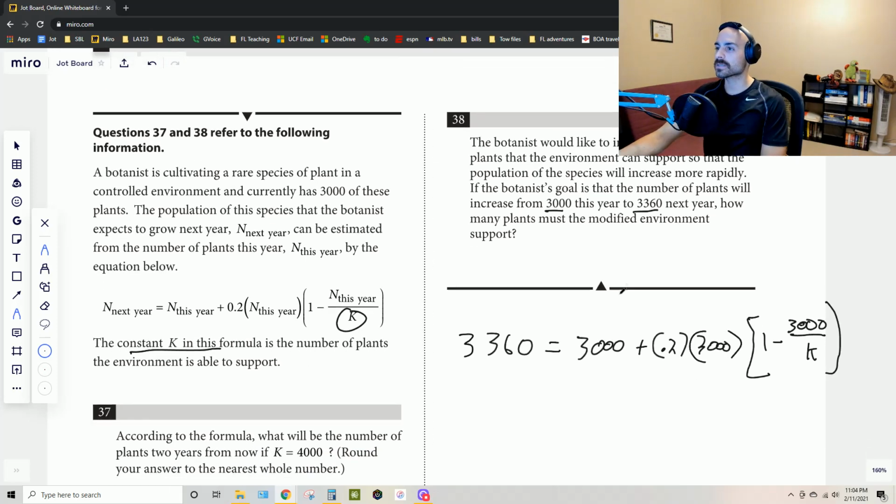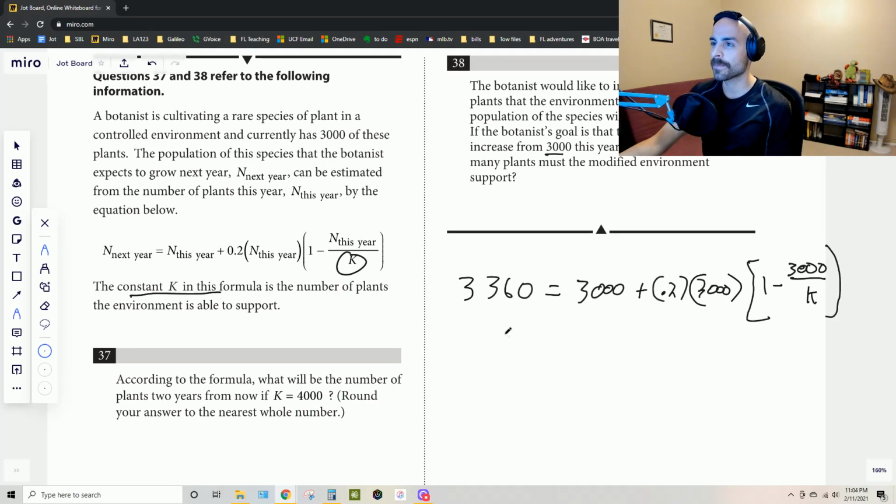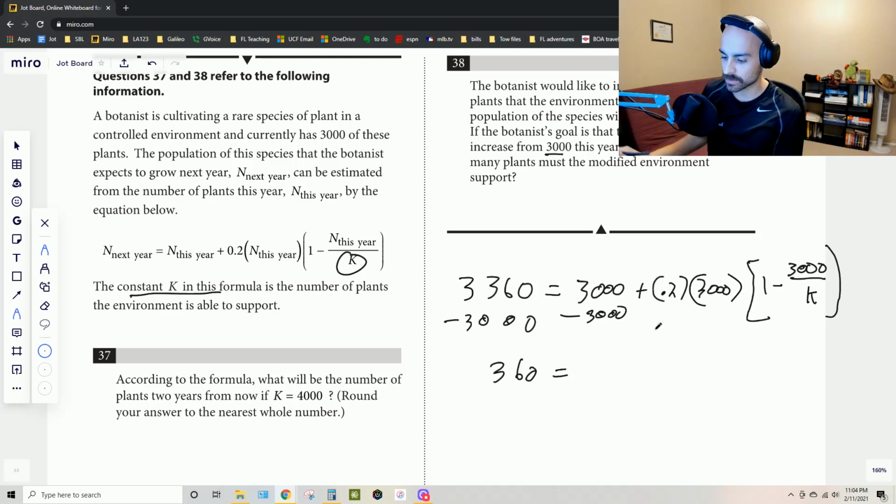So let's simplify everything we can around this first to just make life easy for us. I'm going to subtract 3,000 here, and then we end up with just 360, which is equal to 0.2 times 3,000. What is that going to be? 0.2 times 3,000 is 600.